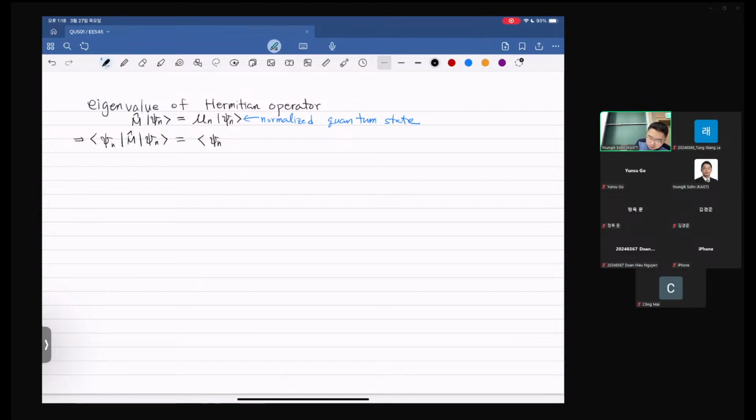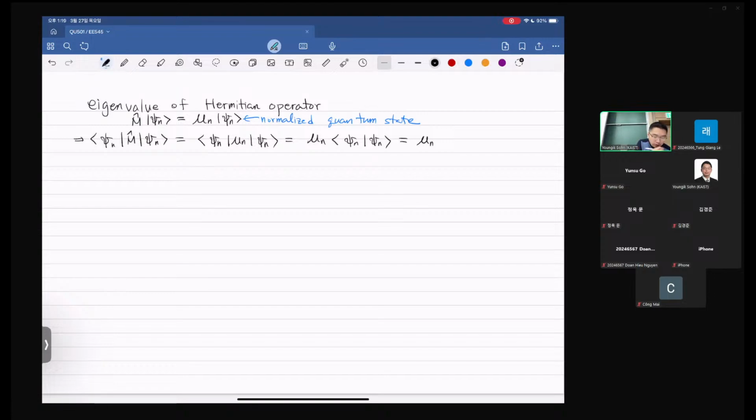You apply your operator to the right-hand side ket, and it's going to give you just this number, the eigenvalue. And you sandwich the number there. So this number can just escape the bracket. And then you have the length squared, which is supposed to be 1 since it's normalized. So you just get mu n, okay?